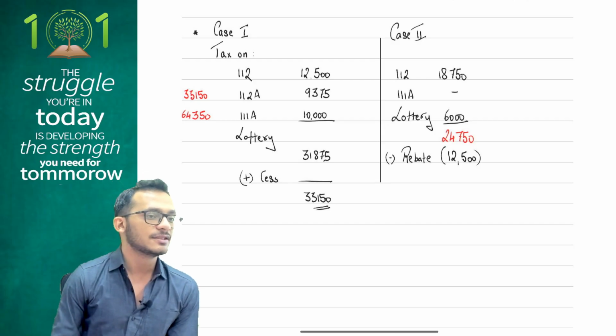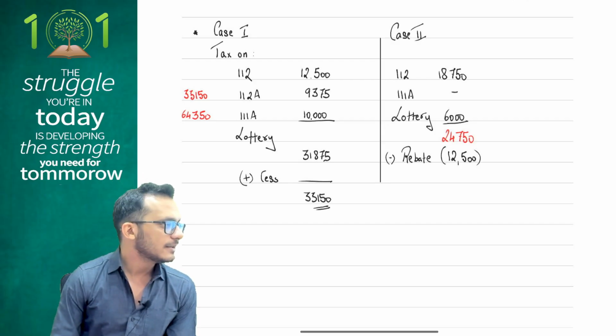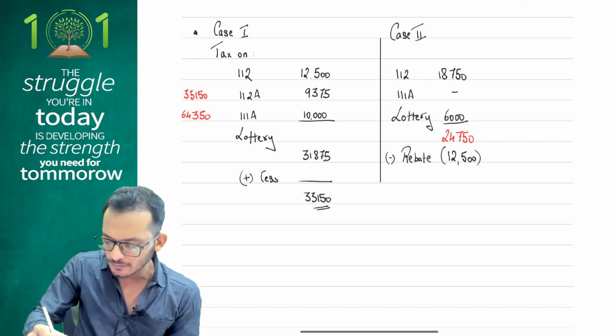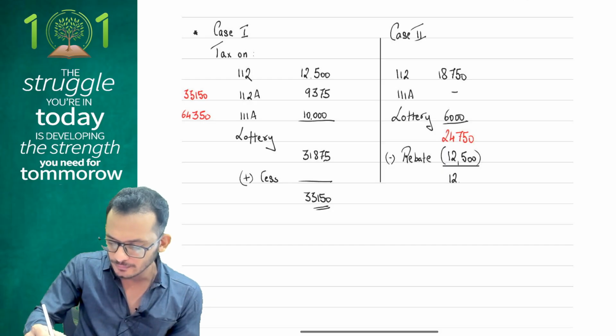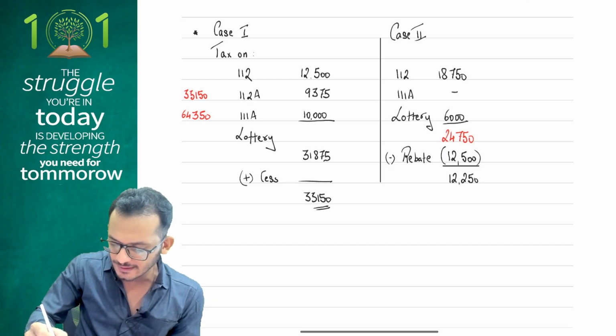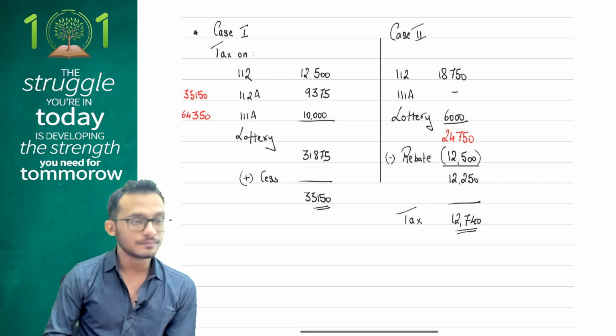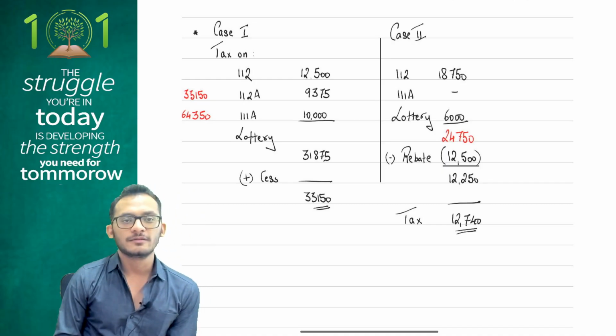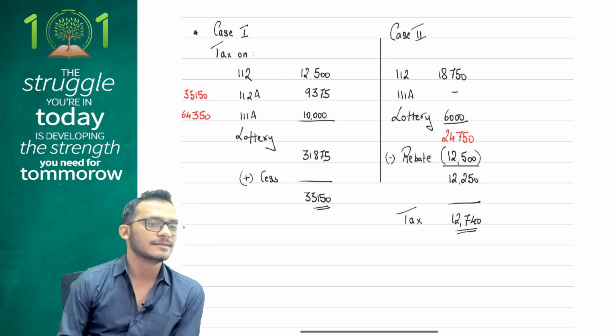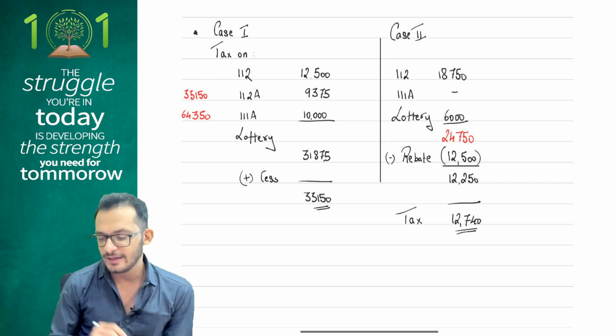I only have a restriction on 112A. Therefore, I'm eligible for 12,500 completely. Answer is 12,250. Adding a cess on this, 12,740 is my final answer. Very good.